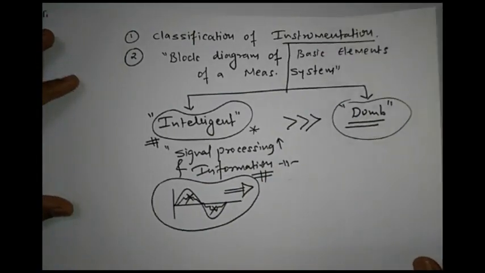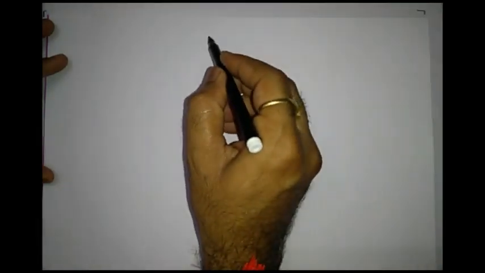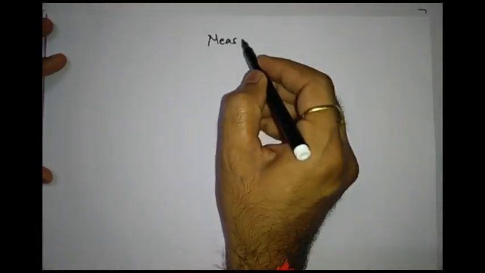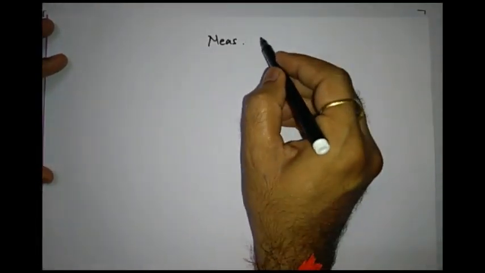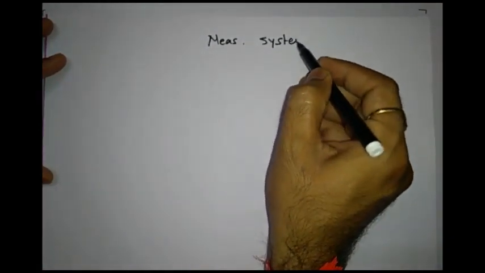Now the next topic which we are going to cover in this lecture is the functional block diagram of any measurement system. Suppose you are interested in designing a measurement system, so what are the basic elements available in any measurement system?